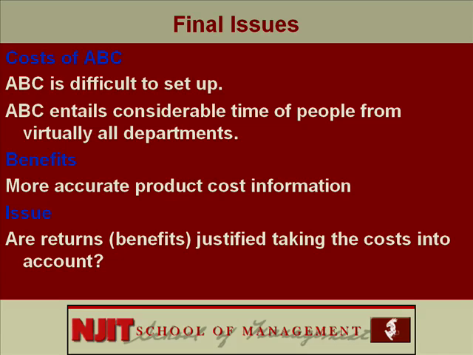It's a judgment call. My opinion is if it's a small company, maybe go with traditional. Because of the difficulties and the costs, a lot of companies still use traditional costing despite the touted benefits of ABC.